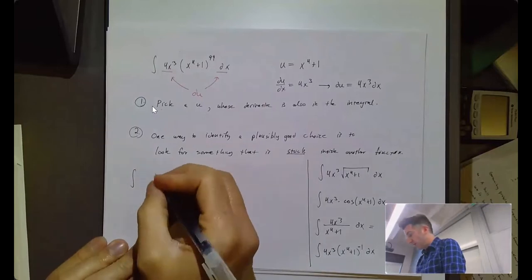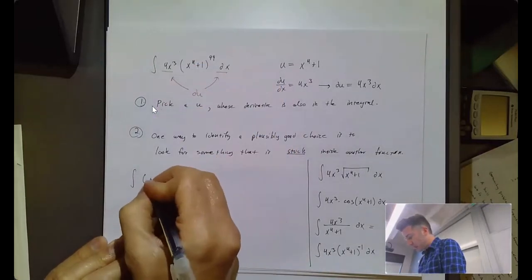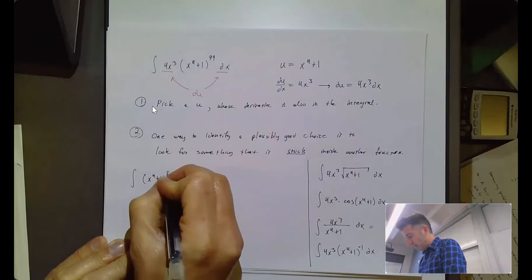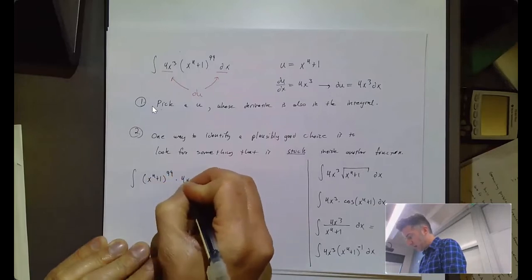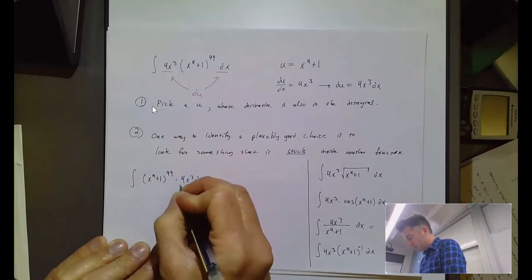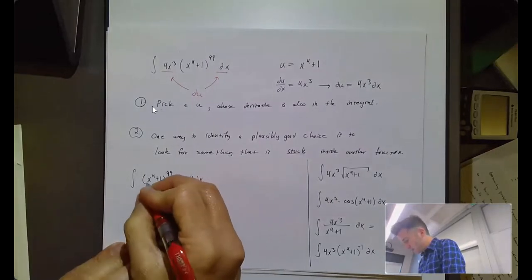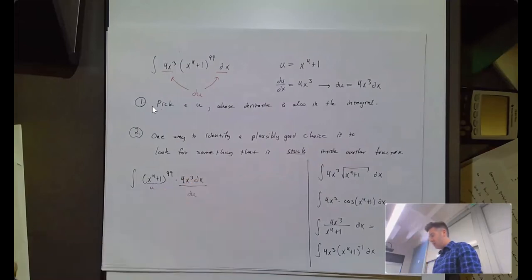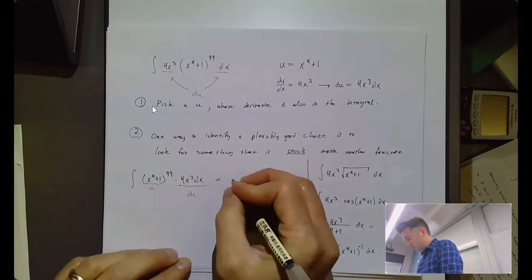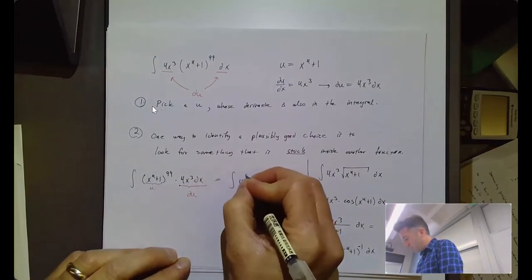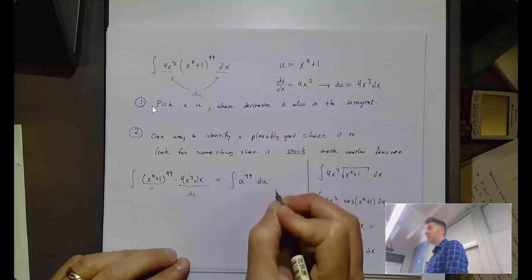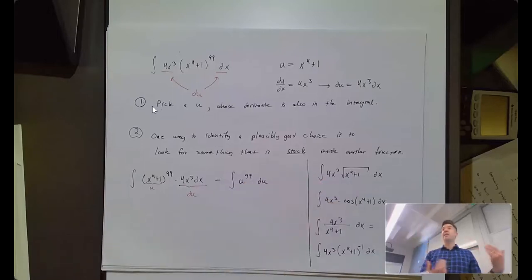So I'm going to rewrite this integral as x to the fourth plus 1 to the 99th power times 4x cubed dx. There's my du. There's my u. And then this is going to become the integral of u to the 99th power du. The point of this is it's supposed to get easier.